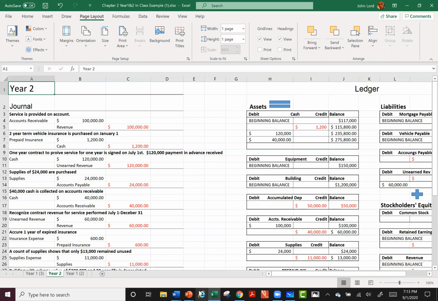Now, there are other external users that would include things like regulatory agencies, and we gave examples of the Securities and Exchange Commission and the IRS as external users, regulatory entities like that, but they are not considered primary users, okay? Internal users are not primary users because our two primary users are external, investors and creditors. And so I'm not sure what you saw that said internal users were primary users.